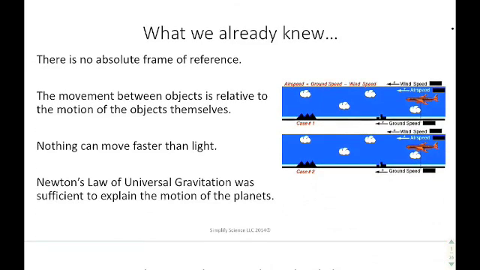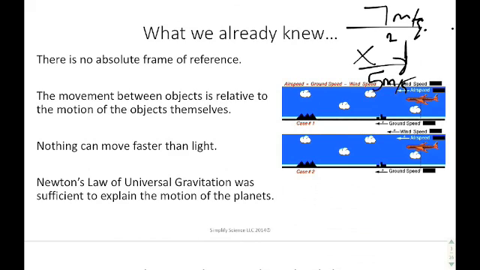Now, what we already know. We know there's no absolute reference frame. We know that if you're walking and a car goes the other way, it appears to be going faster than it actually goes. We know that the movement between objects is relative to one another. So, in other words, if I'm walking this way at 5 meters per second and somebody's walking this way at 7 meters per second, it appears to me like this person is moving at 2 meters per second.